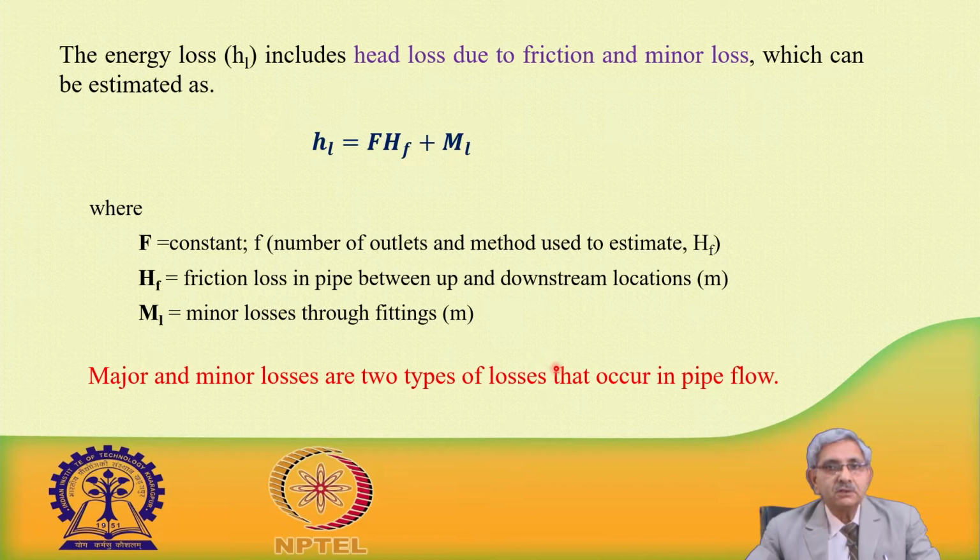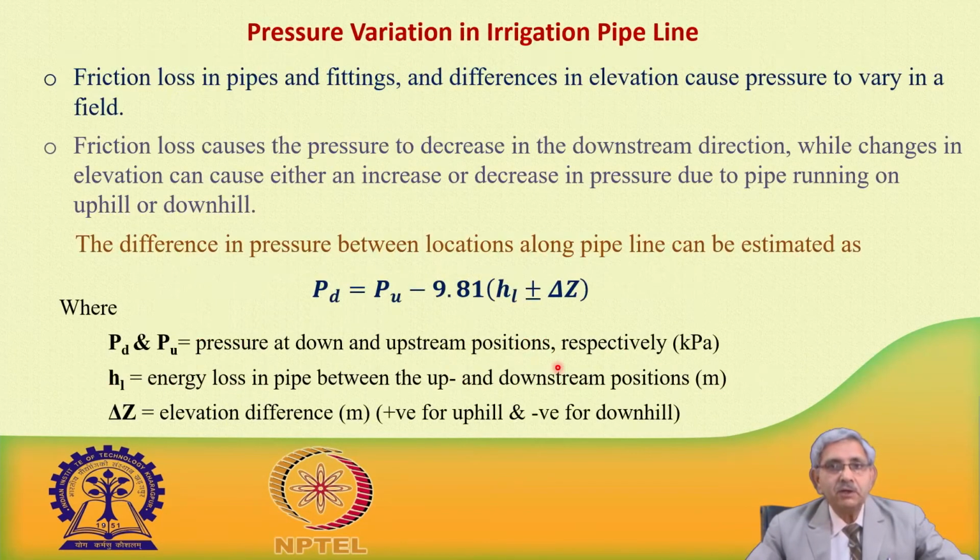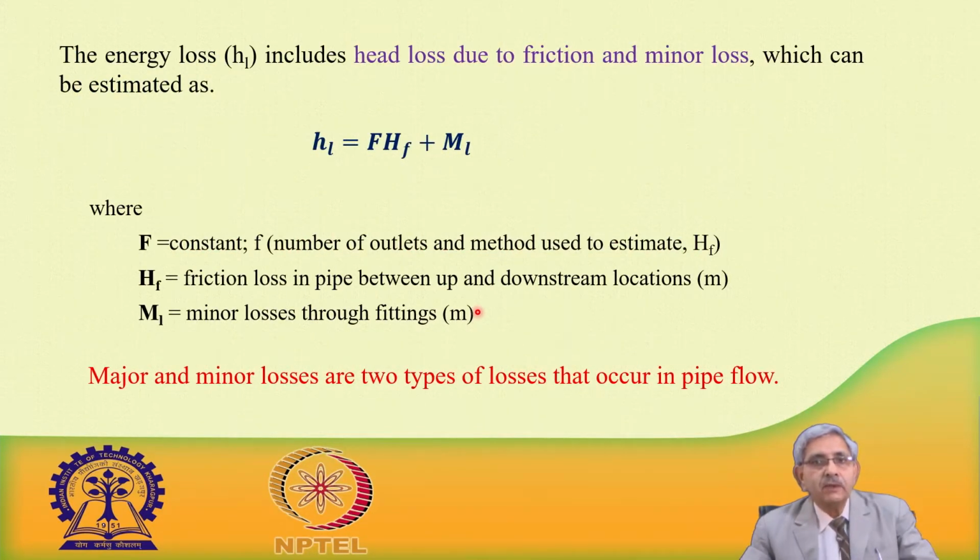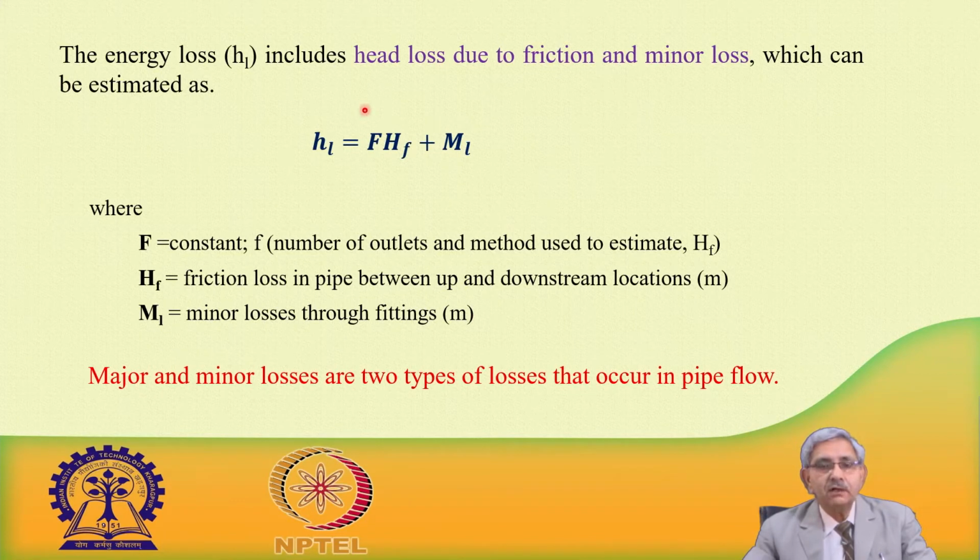Then there is another component, HL. This HL is the energy loss, the head loss due to friction and minor losses. It can be given by the expression HL equal to the reduction factor in the pipeline times the head loss due to friction in the pipeline plus minor losses.